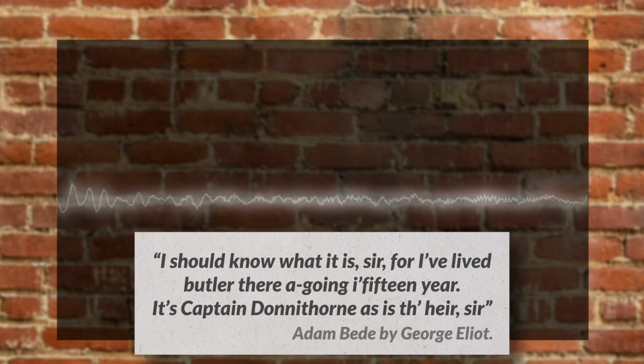It's Captain Doningthorne as is there here, sir." The apostrophe here shows where the letters are missing. And you can see that George Eliot here, in her book, Adam Bede, tried to imitate the speech, the accent of the characters in her book by using these apostrophes.